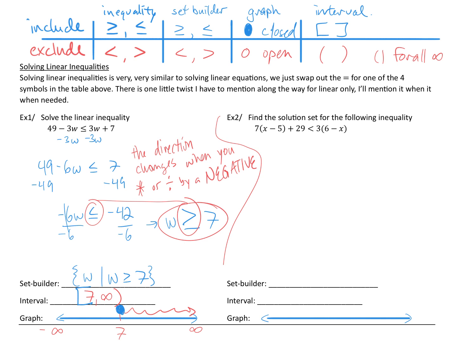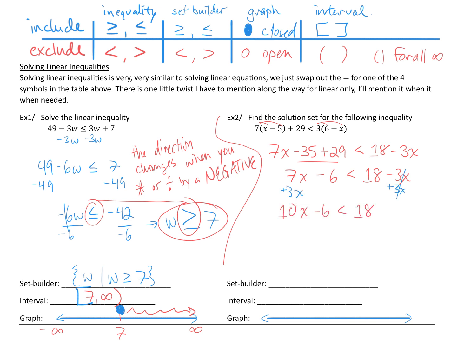So the steps here to solve this one, it looks like some distribution needs to happen before we can do anything else. And from here, it looks like we can combine a couple things. Then we can get all of the x's in this inequality to the left side. Then we can add 6 to both sides to isolate the x term.